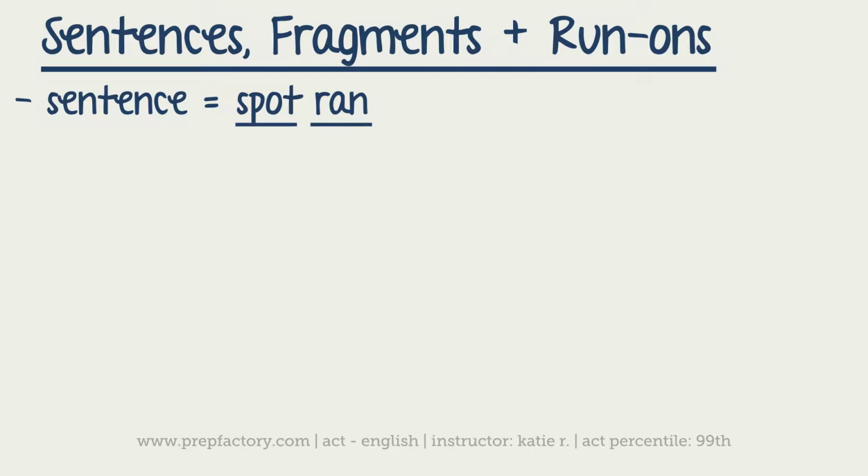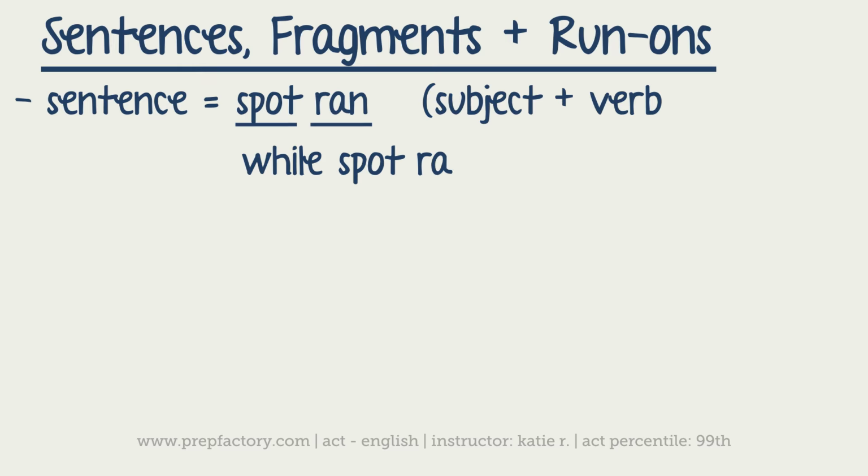However, there's actually one other piece of the sentence, and it is that Spot ran is a complete thought. For instance, if I have "while Spot ran," that's not a sentence. If the only conditions for something being a sentence were that it has to have a subject and a verb, Spot ran, subject and verb, are still in this sentence.